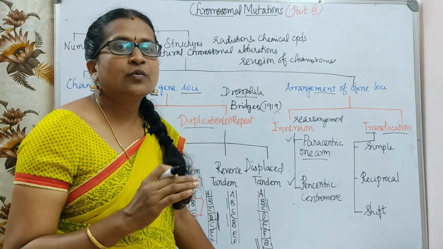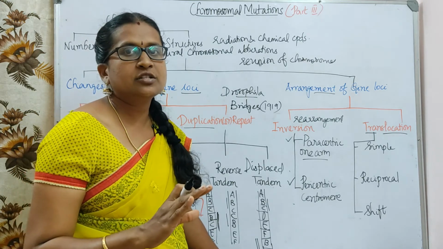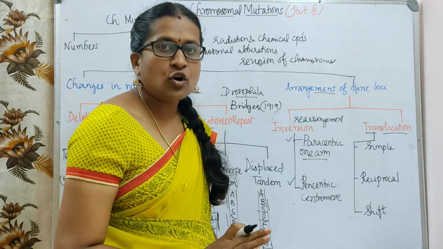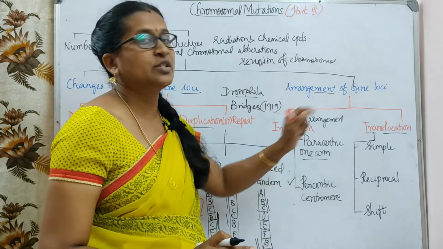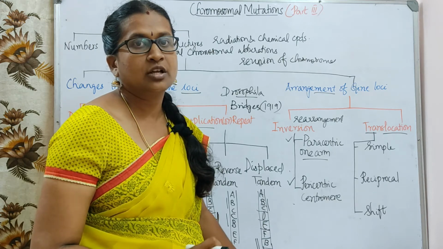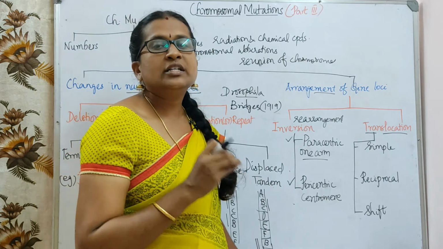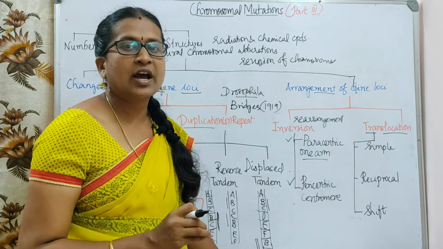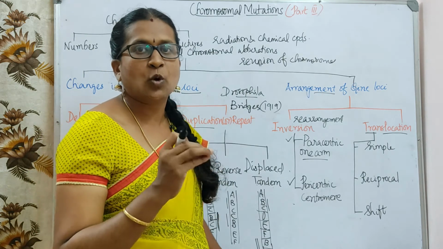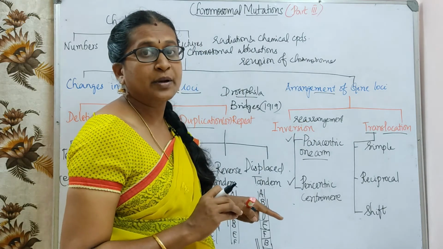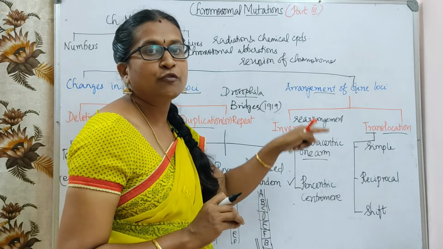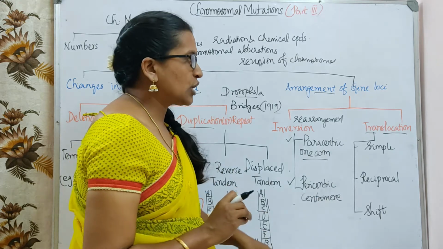But one thing you should not get confused about is that crossing over is exactly different from translocation. Crossing over is a natural event that takes place during meiosis. But translocation happens due to the induction of mutations. So what will happen?